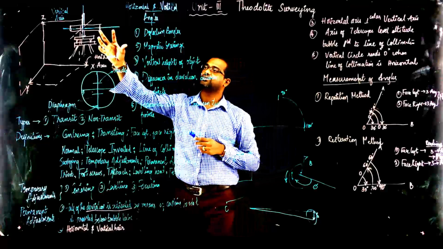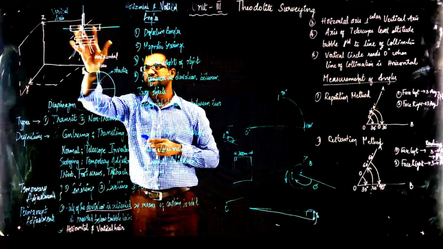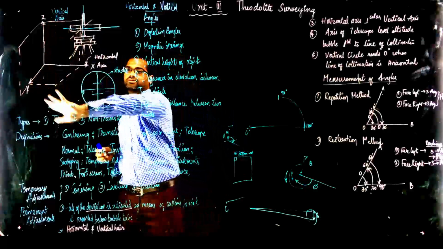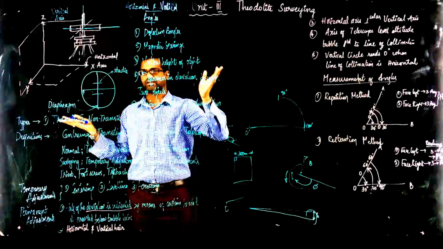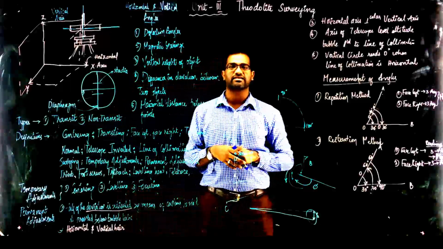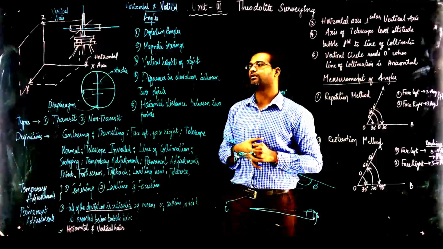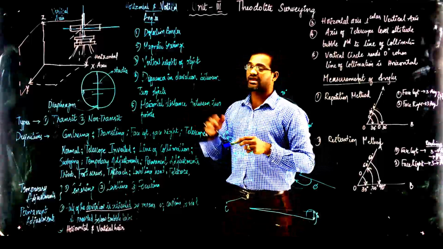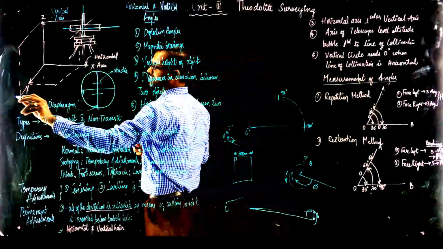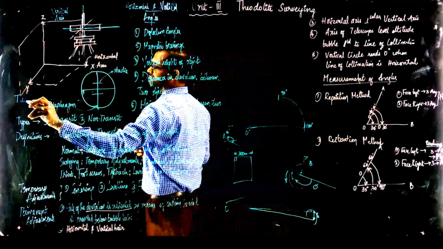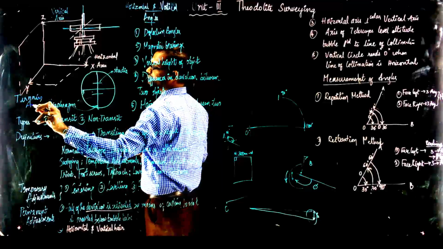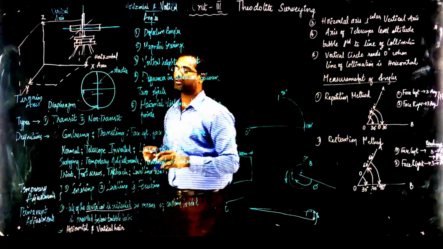And typically, your instrument looks like this. Now, you have three axes there: x, y, and z. I have designated them, but in surveying, Z is always taken as the vertical axis, and this y axis is often called the trunnion axis.